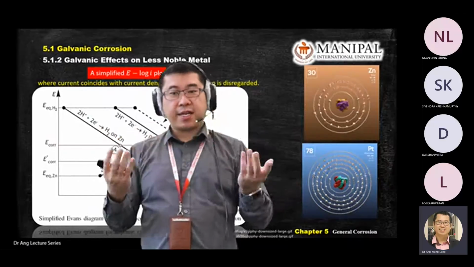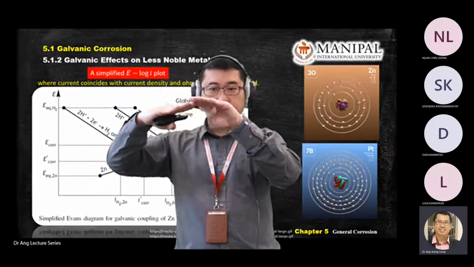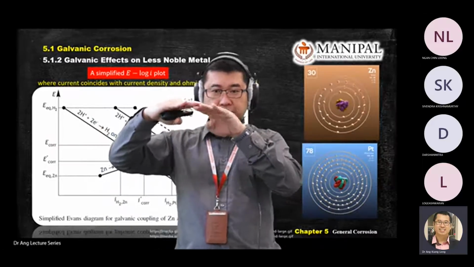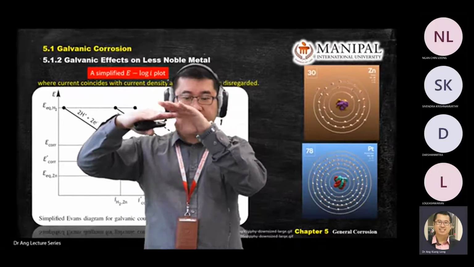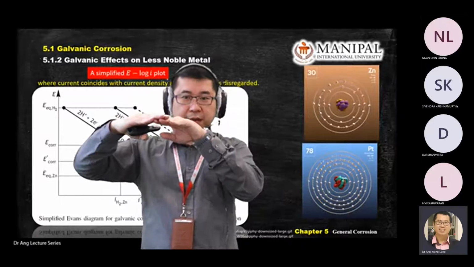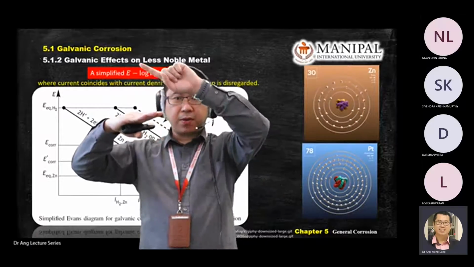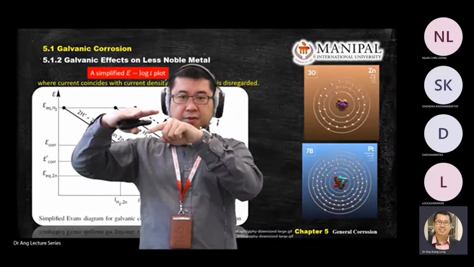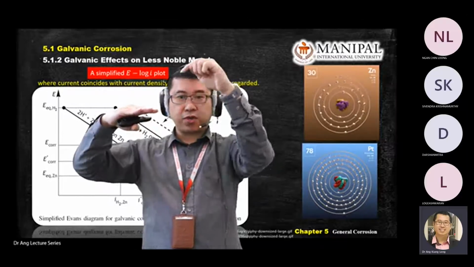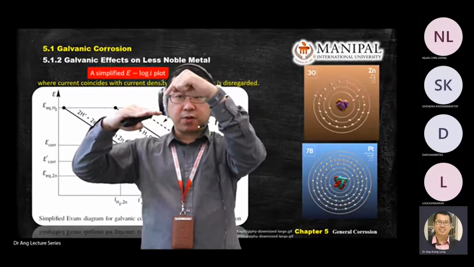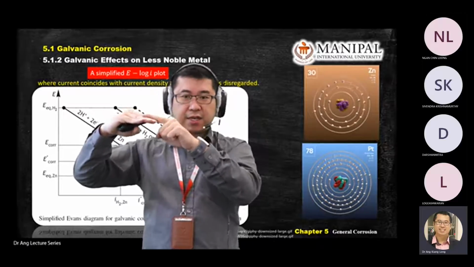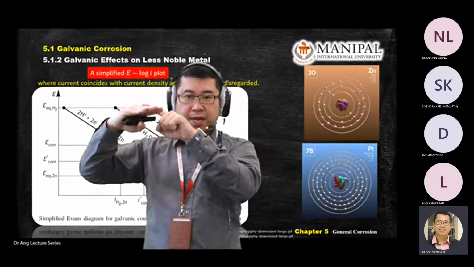And where does the electron go? It will go to the borders of platinum. And when the borders fill with the negative charge, what will happen to the environment? All the positive charge around the platinum will be attracted to the negative, right? So the positive charge will go and meet the negative charge at the surface.